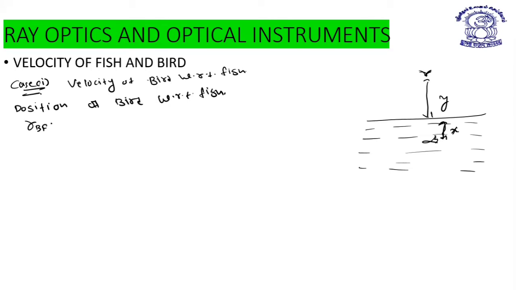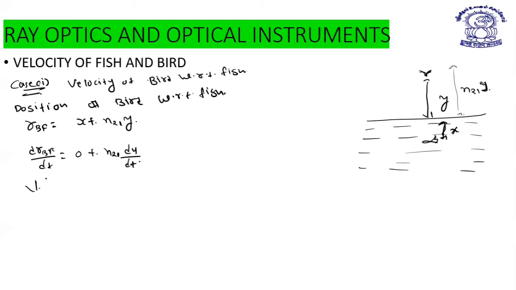First, we will write the position of bird with respect to fish. Let's say that is RBF. It is given by X plus this apparent height, which will be equal to N21 into Y. Differentiating both sides with time, dRBF by dt is equal to 0, as x is constant since the fish is not moving, plus N21 dy by dt.